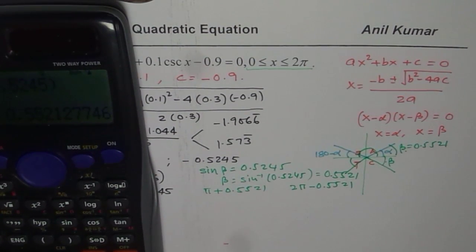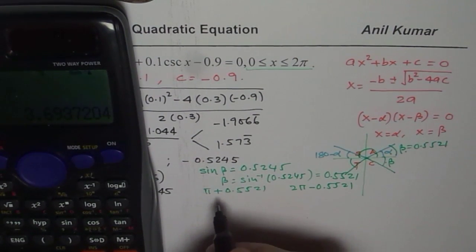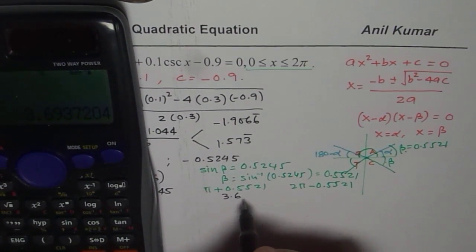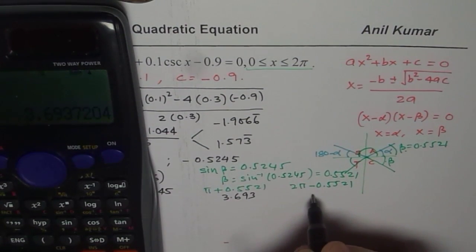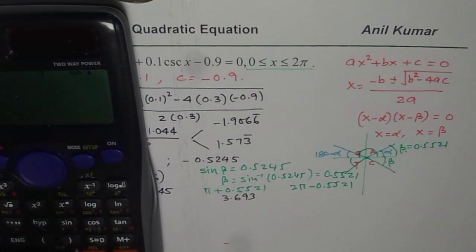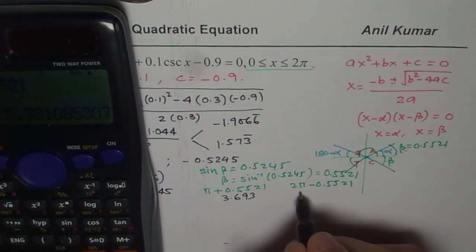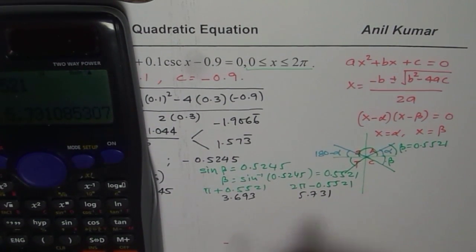So let's add pi to the first. Pi plus 0.5521 gives one of the solutions, which is 3.693. The other one is 2 times pi minus 0.5521, which is 5.731, correct?